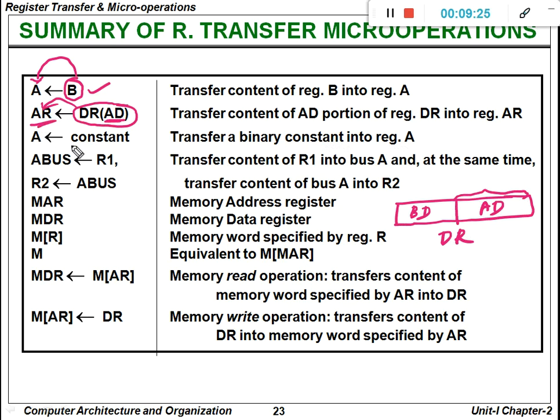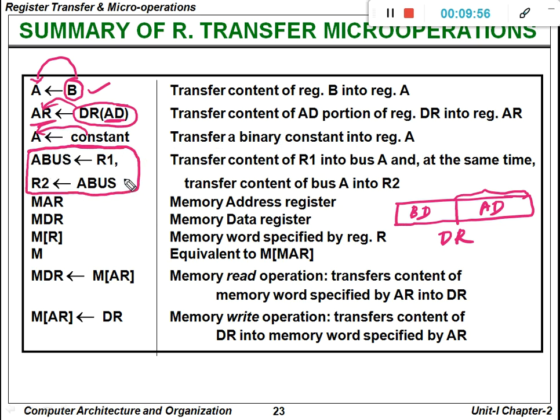Similarly, A assignment constant. What does it mean? We are going to transfer a binary constant value to register A. Similarly, the next register transfer micro operation is A bus assignment R1, comma R2 assignment A bus. So this entire operation is a single operation.